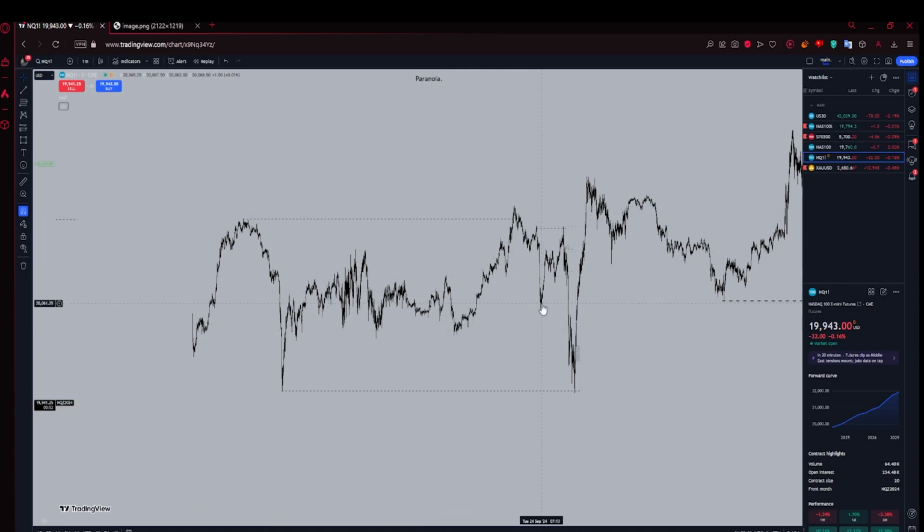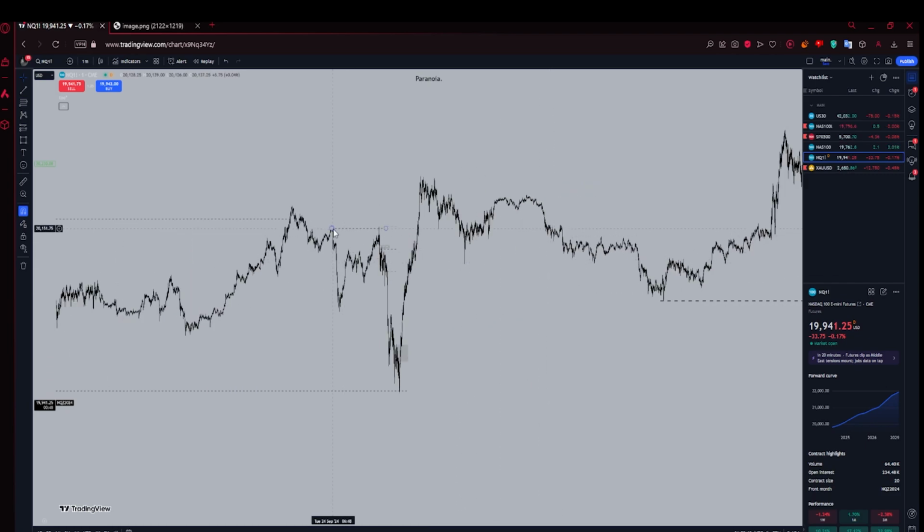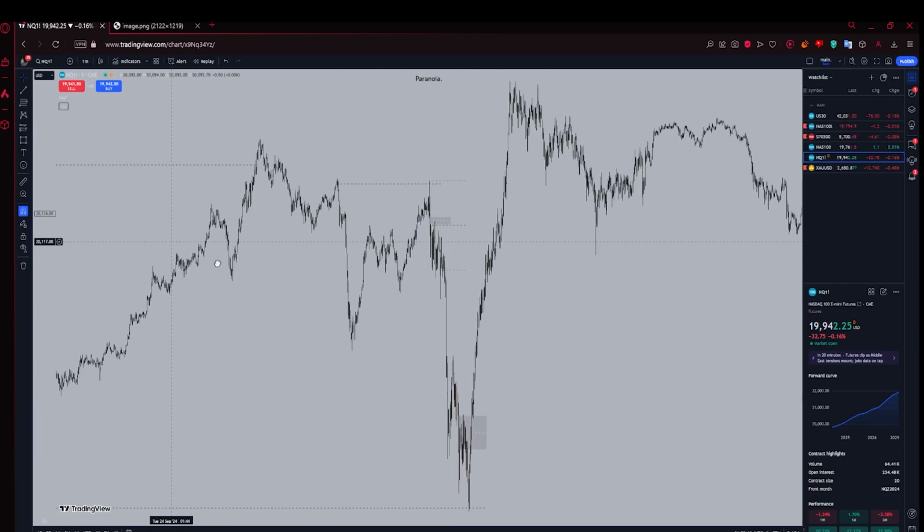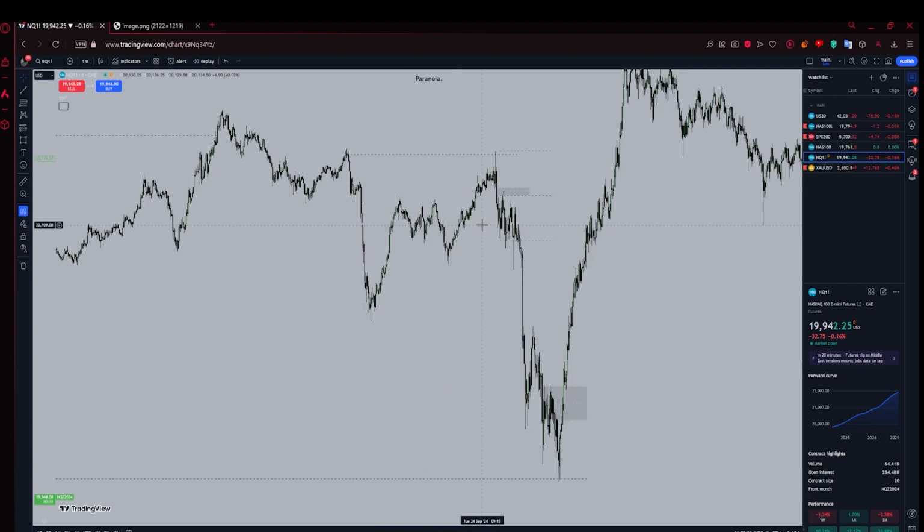What does it do right after? It displaces lower. 9:30 hits, it sweeps this high. Does it actually sweep on the NQ chart? No, it creates an SMT, which is a very high probability confluence that price is either going to do what? It's either going to reverse or continue. In this case, continuation. Taps into the gap, runs all the way down.